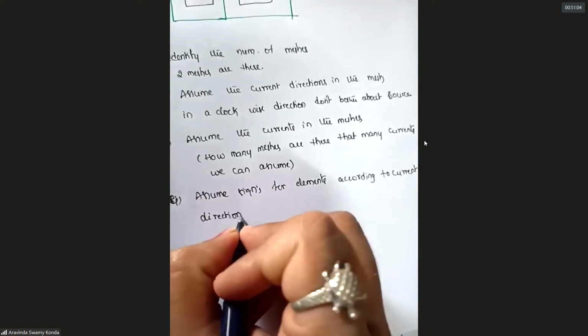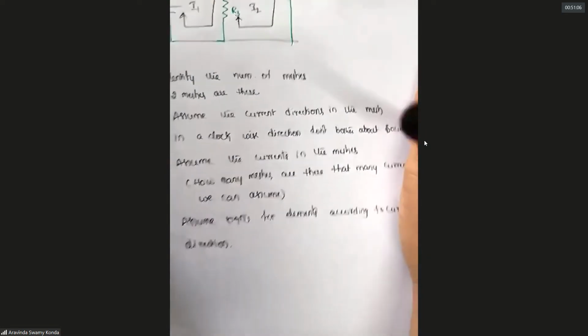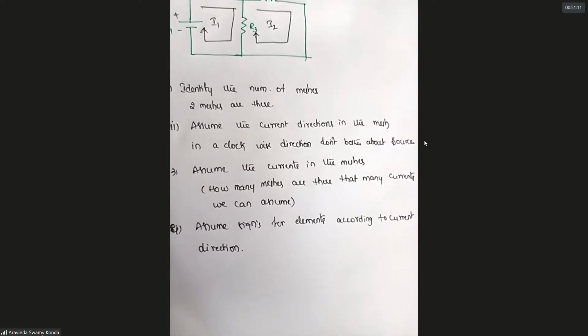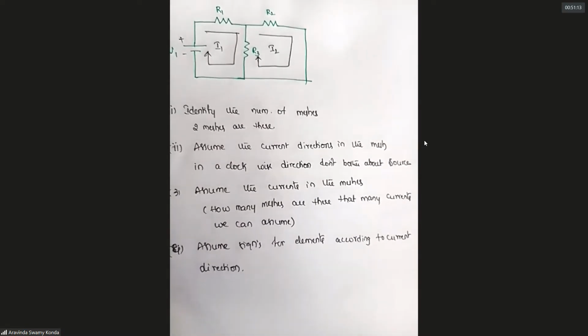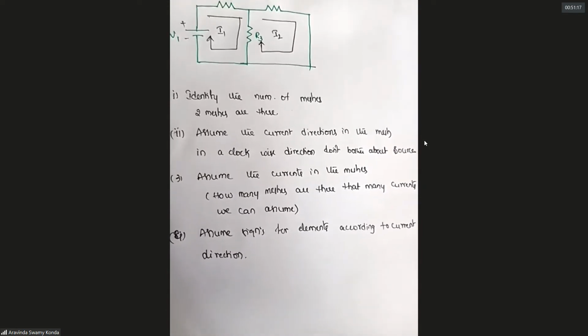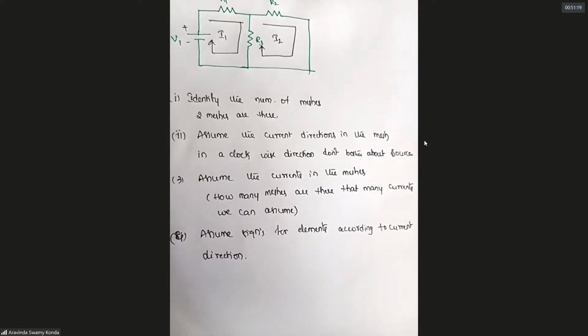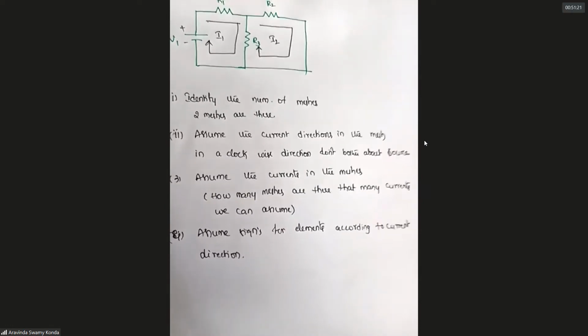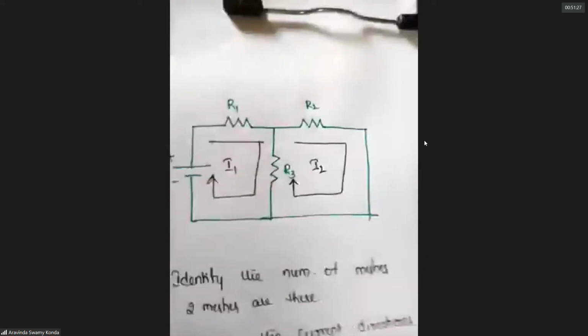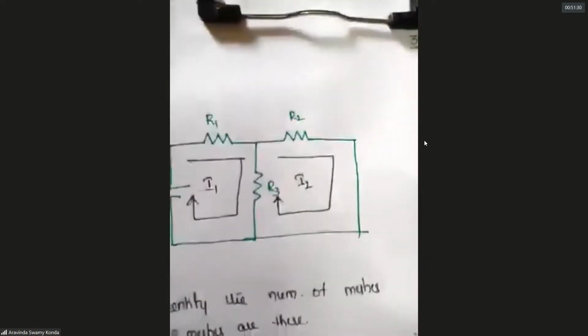The sources' signs are already given, what is the plus sign and what is the minus sign is given in the problem. But we want to assume the signs for the elements also in order to write the voltage equations. So those signs depend upon the current direction.